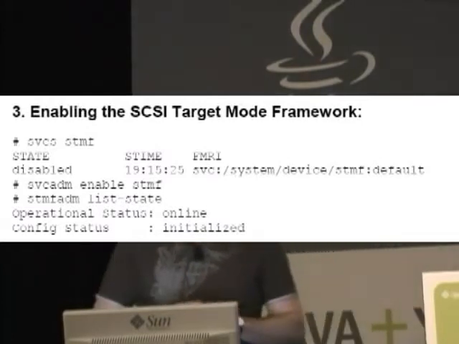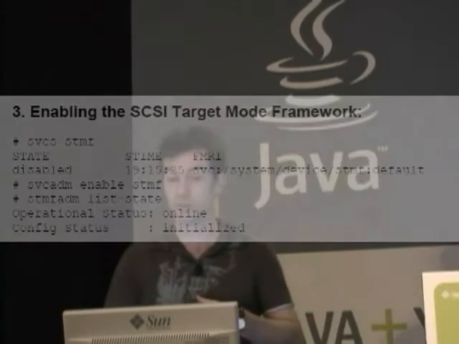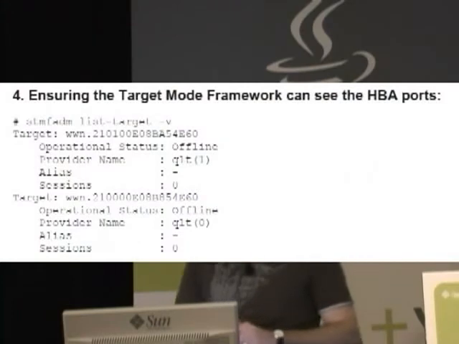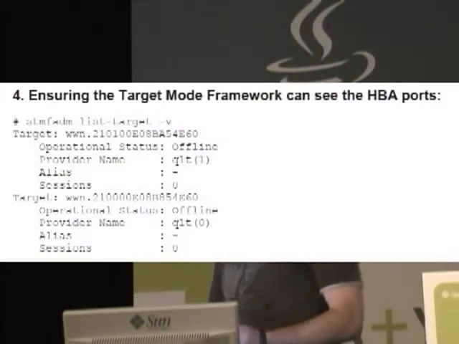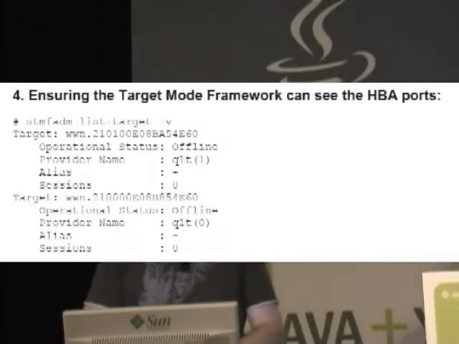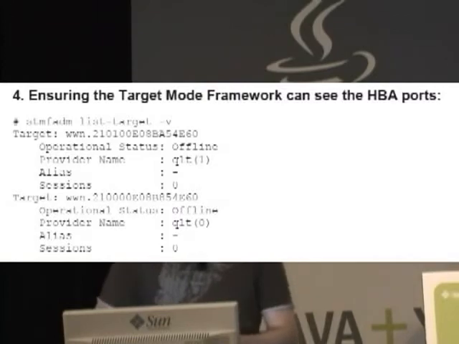Again, this is all managed through SMF, which is another very cool thing about Solaris technology. Once we've done that, we want to make sure that the framework can actually see the ports that we've identified to be in target mode, and we can run that command there. That will give us a pretty good idea of what's going on.